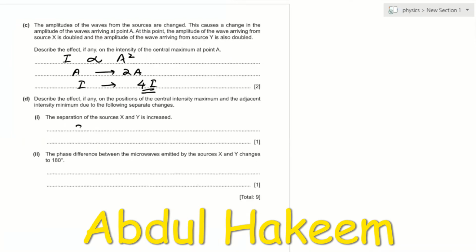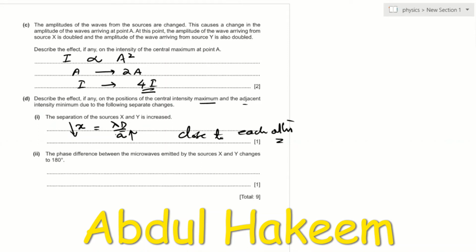So we will write the expression x is equal to lambda D over a. When this a increases, this separation decreases, hence minima and the maxima will get close to each other. So this gap is increasing, slit separation is increasing and fringe spacing decreasing. So maxima and minima will be more close to each other after this change.